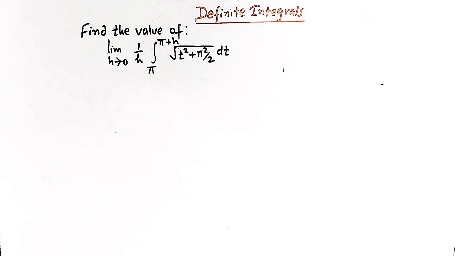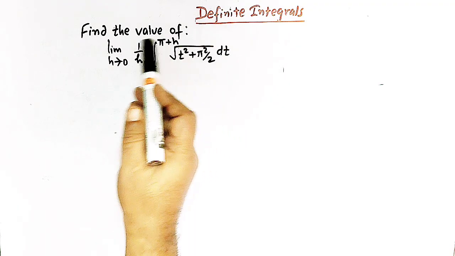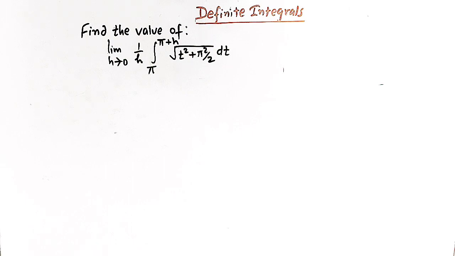So we'll see how we can easily find out the value of this expression using the concept of the fundamental theorem of integral calculus, right? So let us see how we can solve this problem.